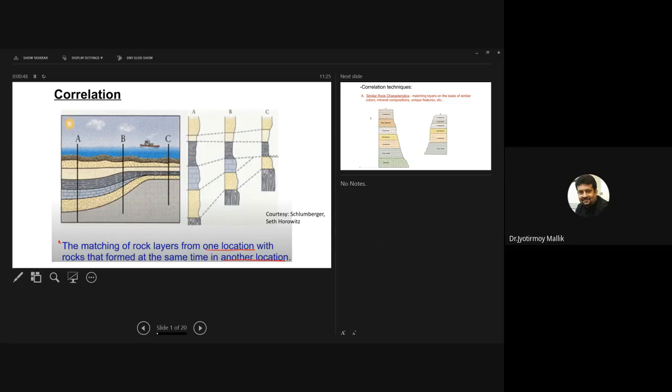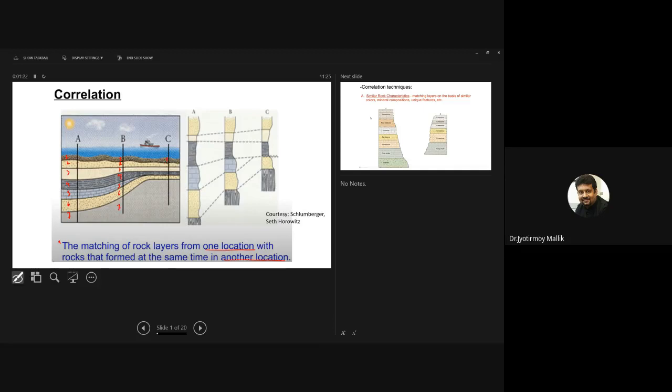Now, let us look at this particular cartoon. You can see that there are three offshore wells A, B, and C, and they go through different stratigraphies. A goes through rock layers 1, 2, 3, 4, 5, 6, and 7. B goes through layers 1 to 7.